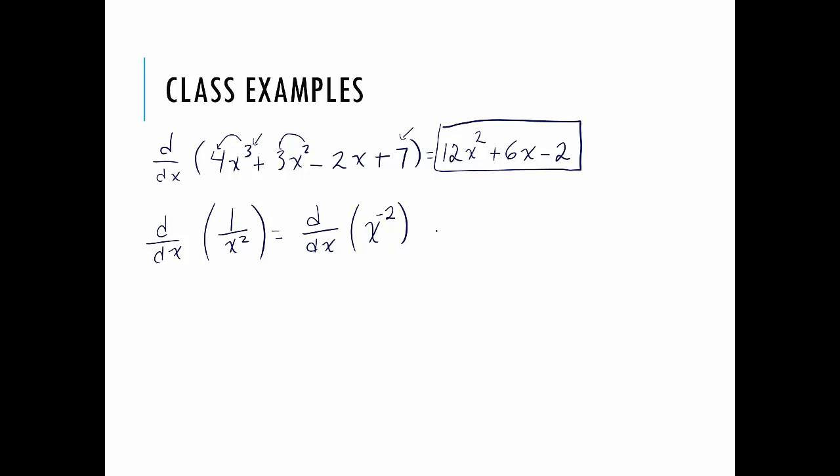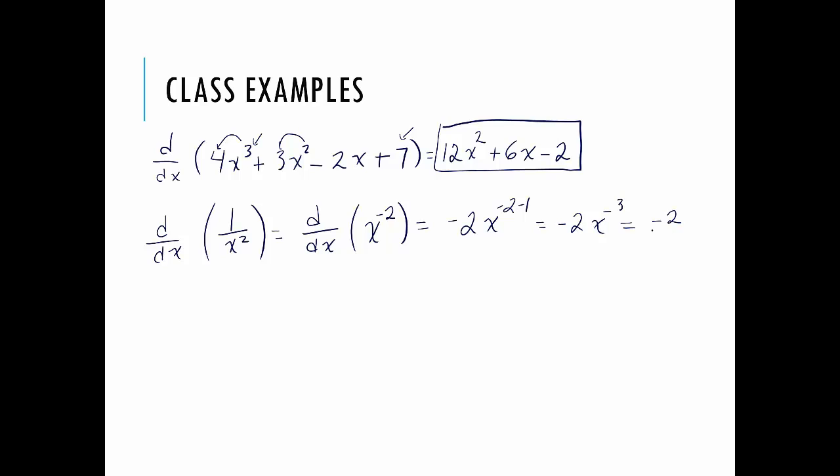So x to the negative 2 is the same thing as 1 over x squared. And now I can use my power rule that says bring the negative 2 down and then subtract 1. Well, if I'm subtracting 1, I'm actually adding 2 negatives, right? Because that's a negative and a negative. And I get negative 2x to the negative 3.